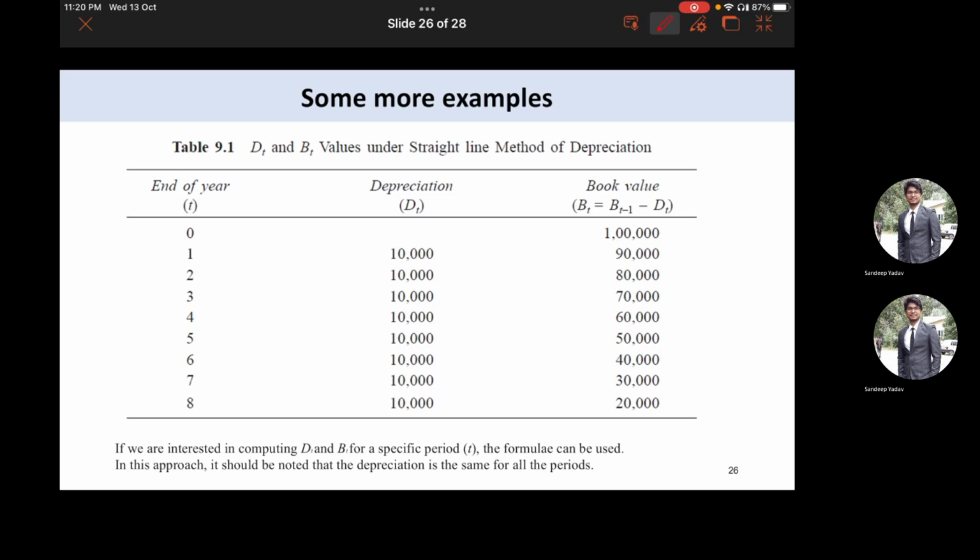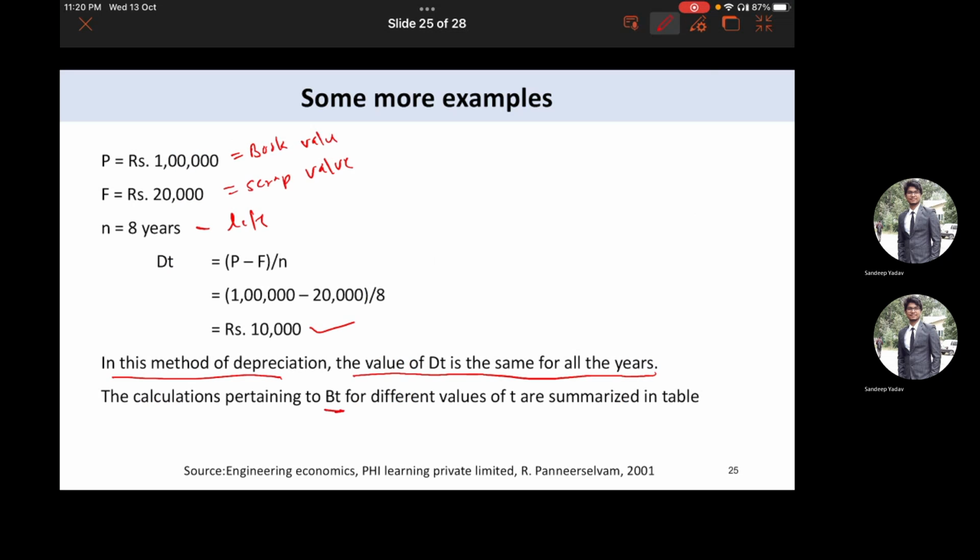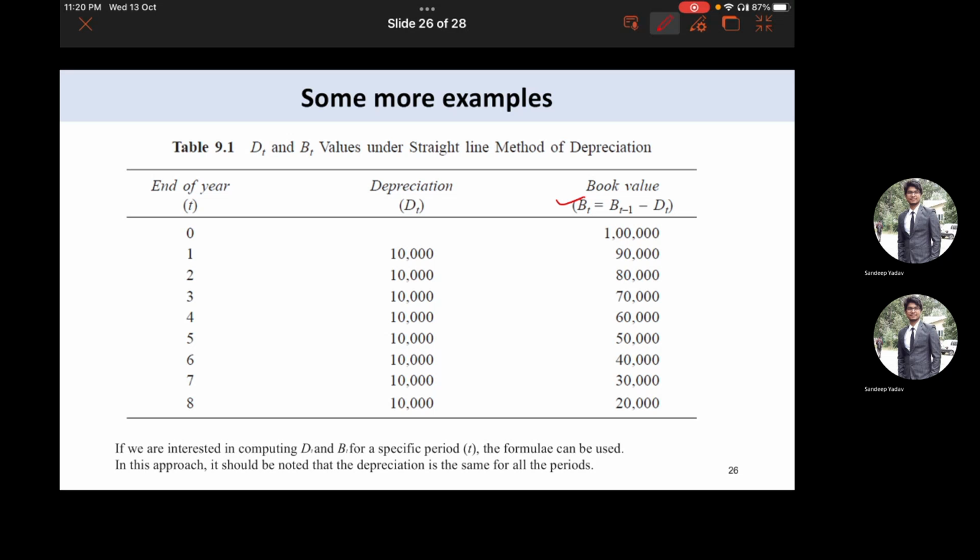Let's take the book value. We have to calculate the book value for each year. Here BT refers to the book value. Each year is denoted as T, depreciation is denoted as DT, and the book value is BT, that is BT minus 1 minus DT. For year 0, book value will remain 1 lakh rupees.